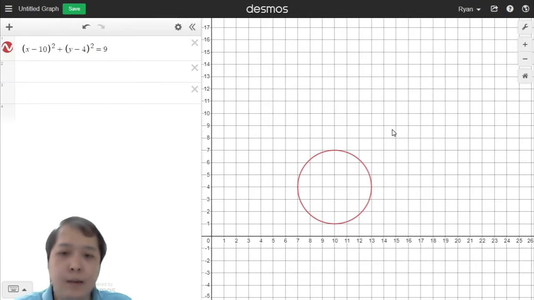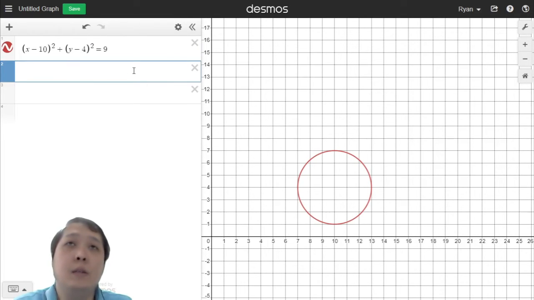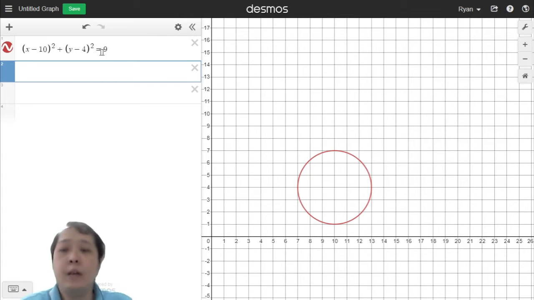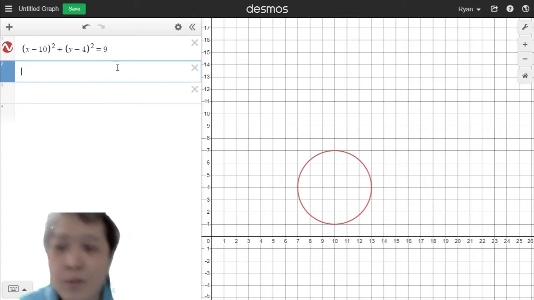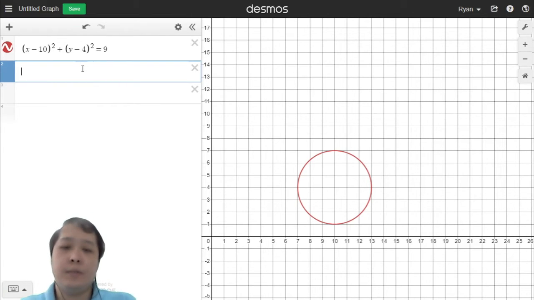Okay, but this is a full circle. What if we need to draw a semicircle, even quarter circles? Still, we are going to use this circle equation. However, we need to modify this equation into a certain form where x or y will be the subject of the equation.